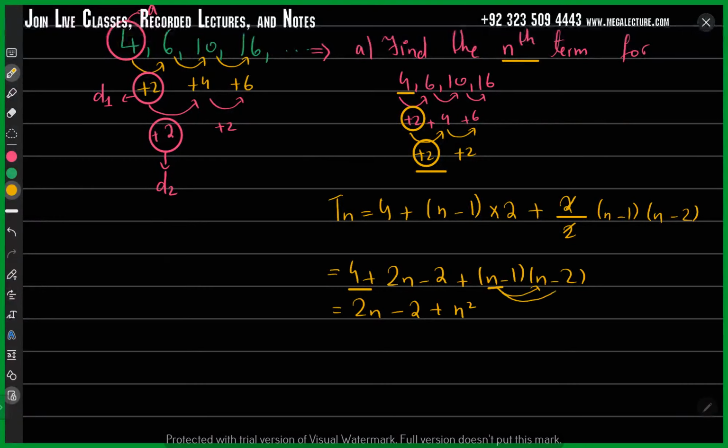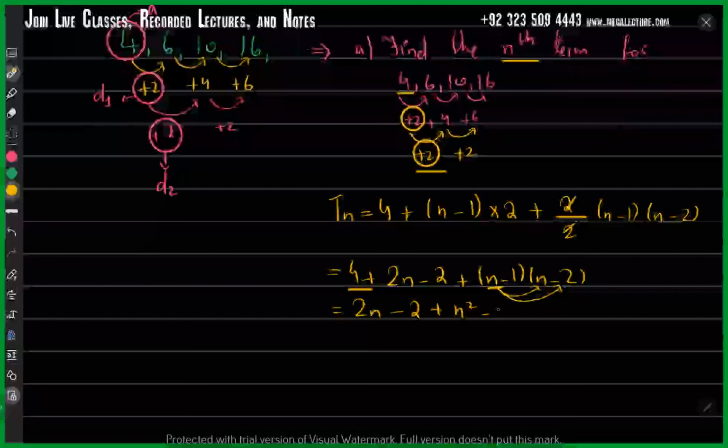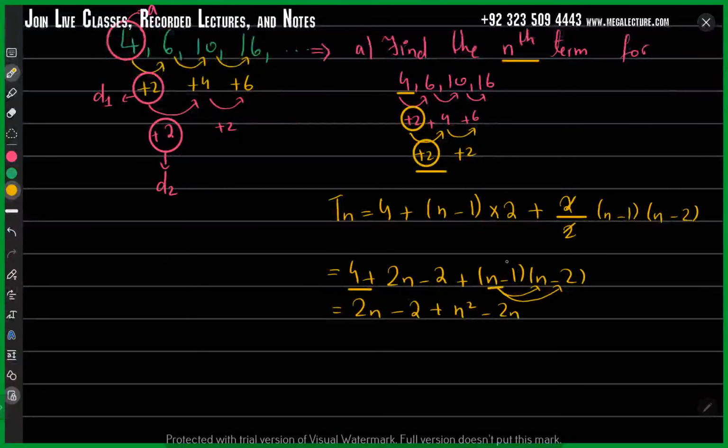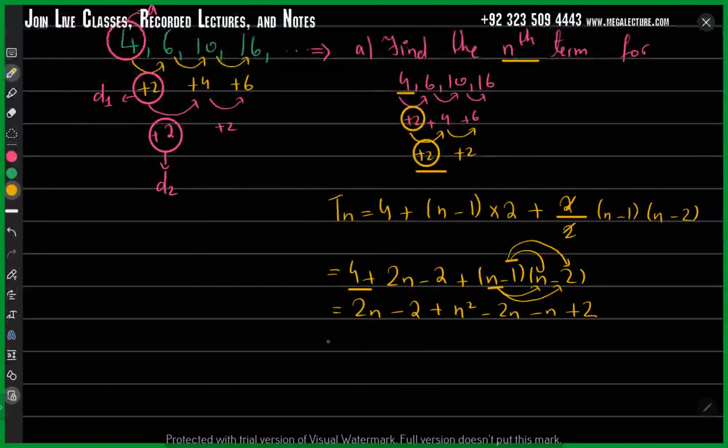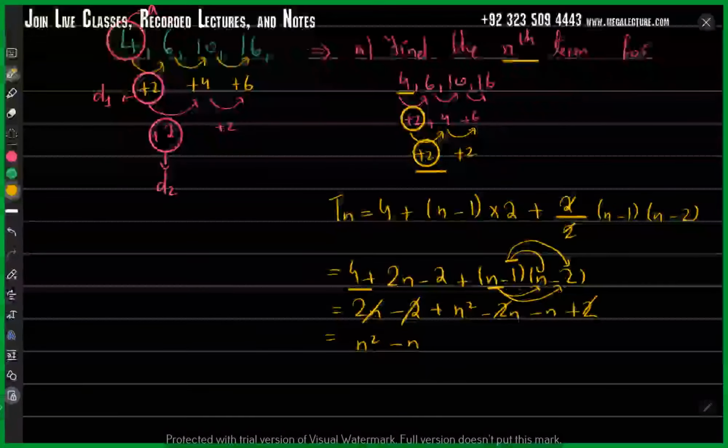N would be multiplied by this minus 2 and you would get minus 2n. This minus 1 would be multiplied by n and you would get minus n. And this minus 1 would be multiplied by minus 2 and this would give you positive 2. N squared would come here. 2n minus 2n would be cancelled. We have minus n, minus 2 and positive 2 would be cancelled.